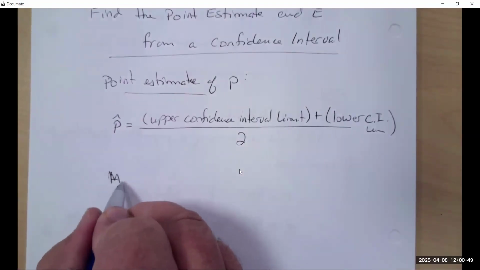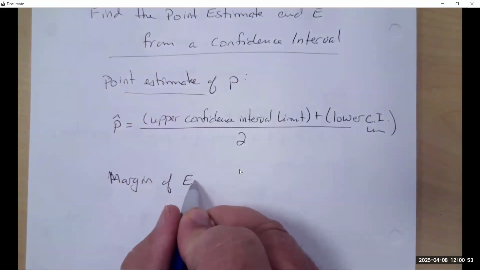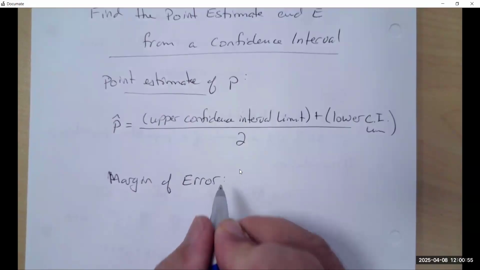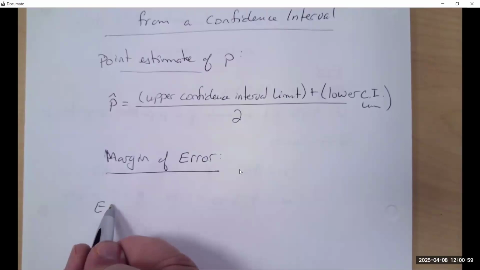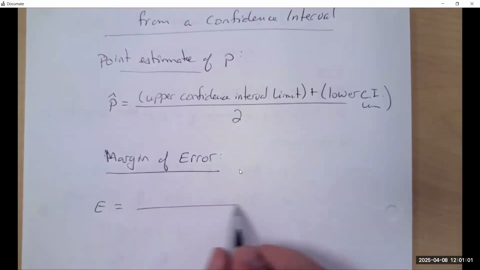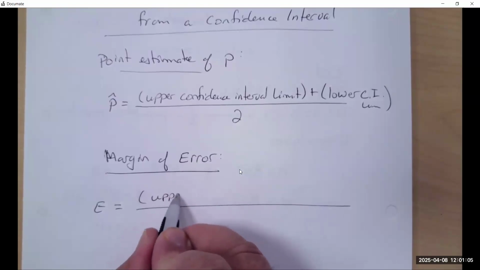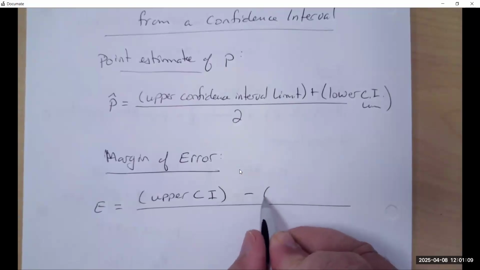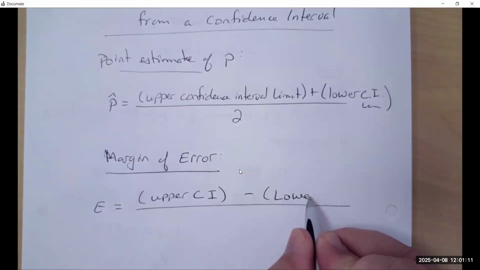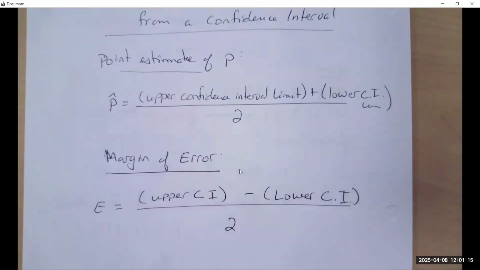The margin of error can be calculated as the upper CI minus the lower CI, over 2.